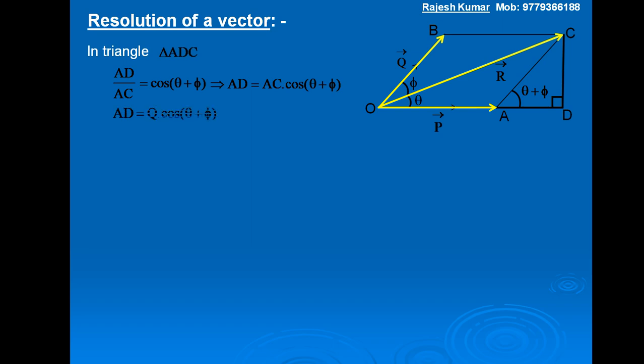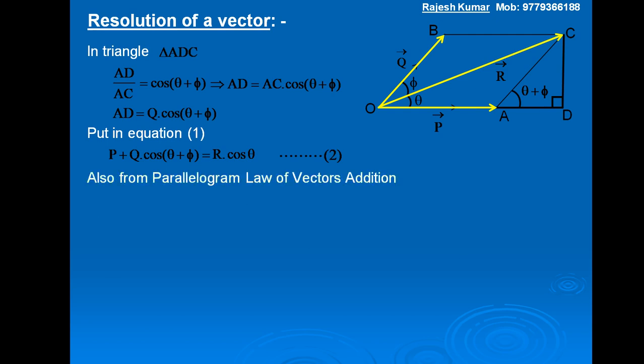That is, AD is equal to Q into cos theta plus phi, because AC is equal to OB, which is equal to magnitude of vector Q. Now put in equation number 1. So we get P plus Q into cos theta plus phi is equal to R into cos theta. Let it be equation number 2.